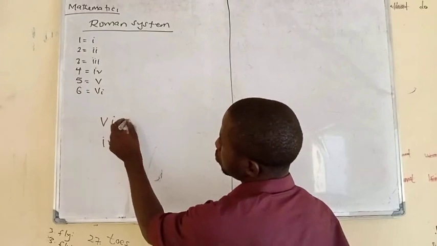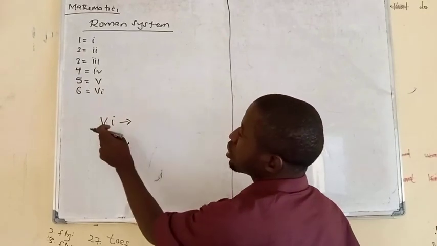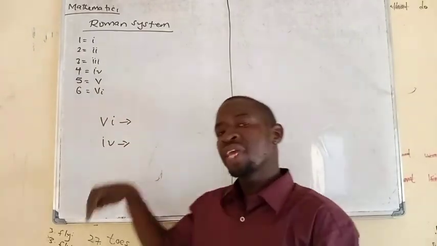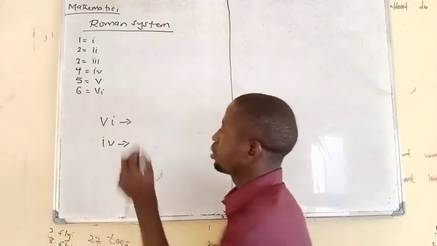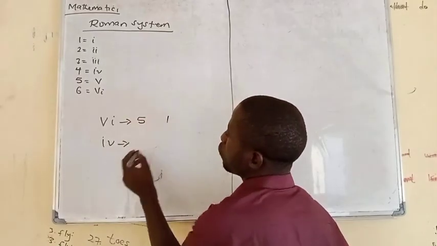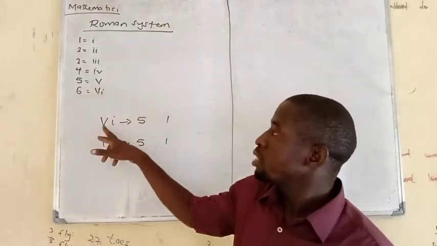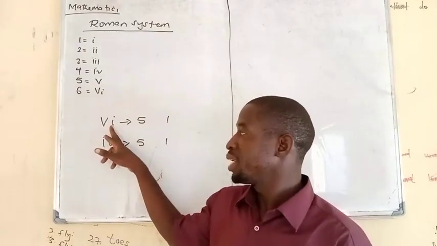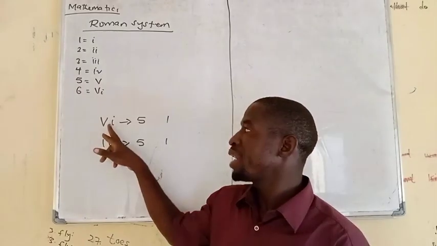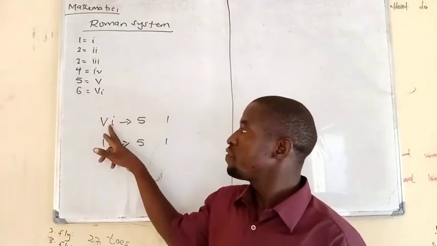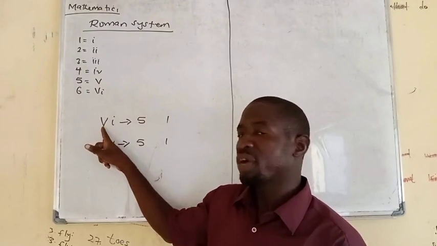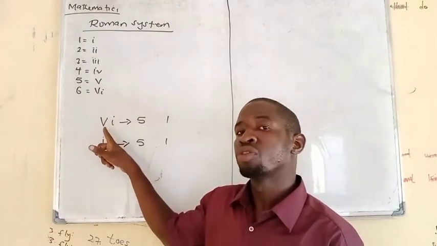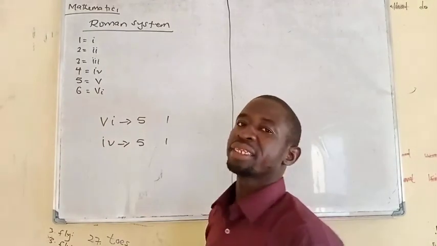Since in VI and IV they are 5 and 1, let me write them: 5, 1, 5, 1. In this one, 5 comes first, then 1, and 5 is bigger. So if the bigger comes first and the smaller comes second, then it is addition.